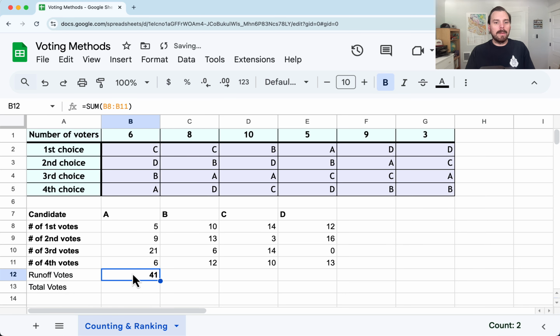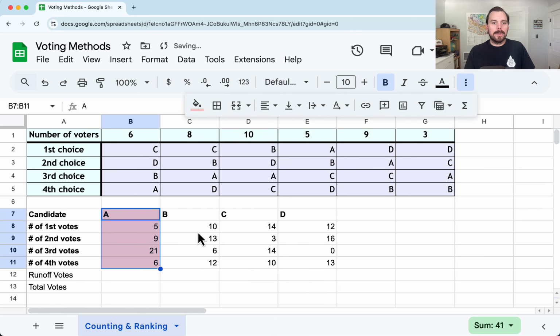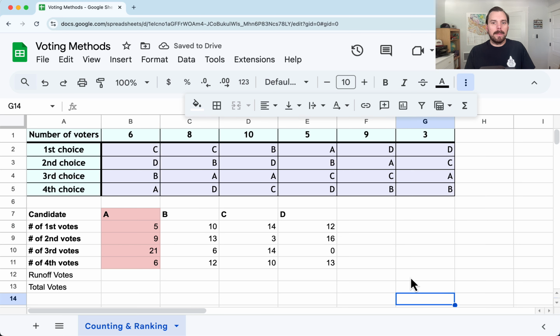You can even get rid of that if you want. And the way I would do it is to first eliminate the lowest candidate. So I'm going to eliminate A. A's second, third, fourth, none of those votes matter. If you want to, you could shade that or strike through. But A is going to be gone.